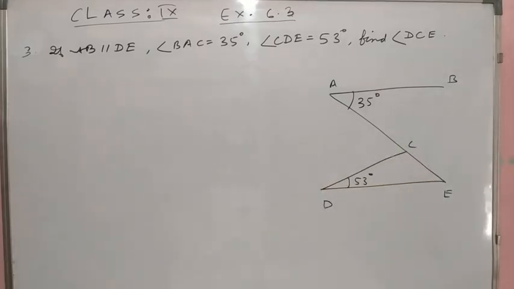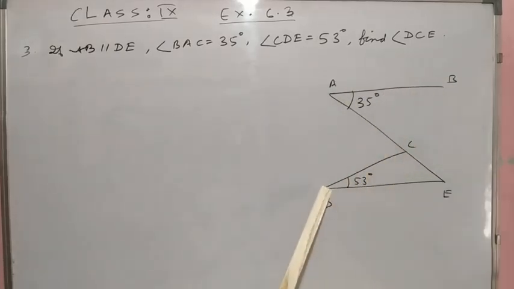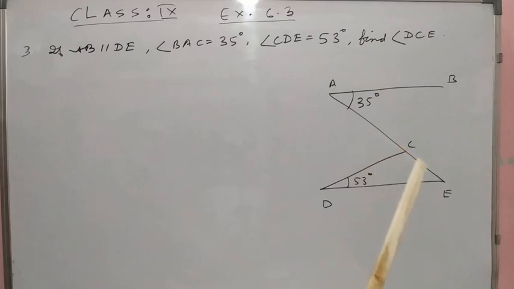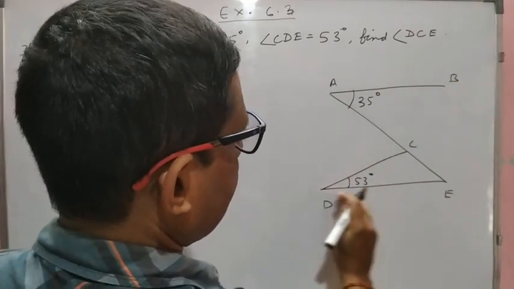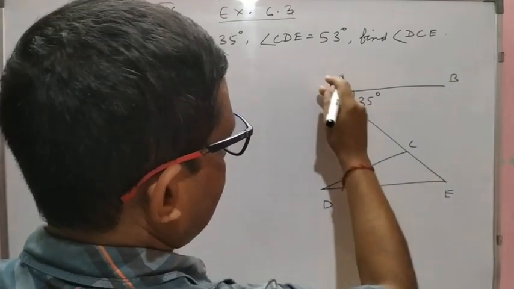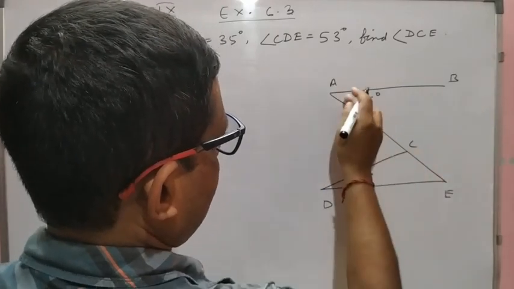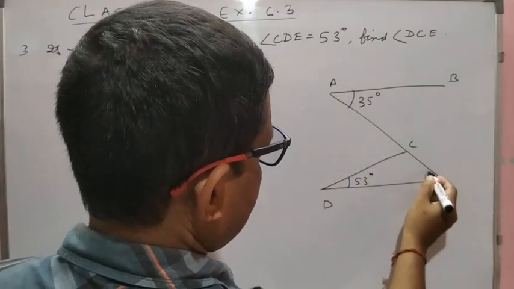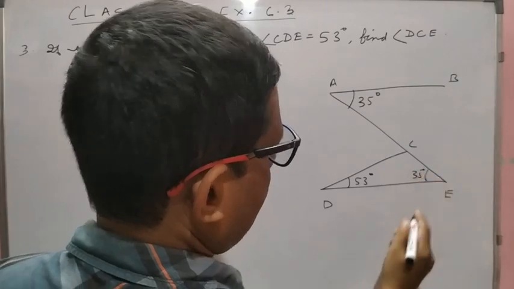So see how to do it. See here, this is parallel to this and this is the transversal. So definitely this angle and this angle are alternate angles. Here AB is parallel to DE and AE is the transversal. So this angle equals this angle. This is 35 degrees, alternate angle. So you see the solution, how to solve it.